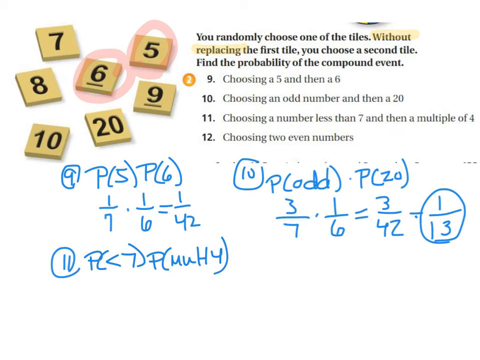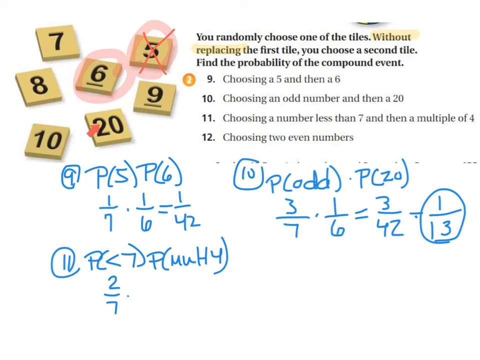That would be 2 out of 7 tiles. And let's say we picked 5. And now I'm going back to do this probability of a multiple of 4. Well, if I look out of the 6 remaining tiles, only 2, 8 and 20, are multiples of 4.